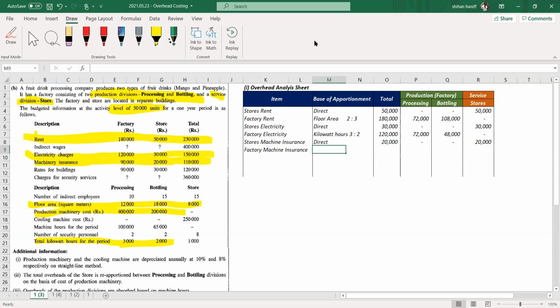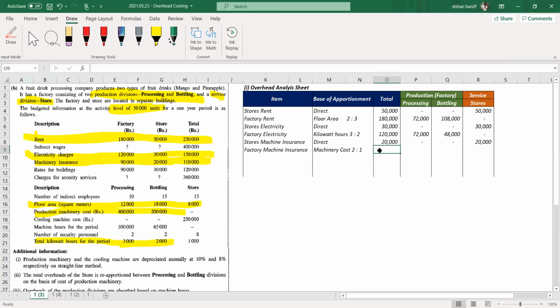We take the cost of the machine, the machinery cost. The ratio is 2:1, as 400,000 to 200,000 gives a rate of 2:1.